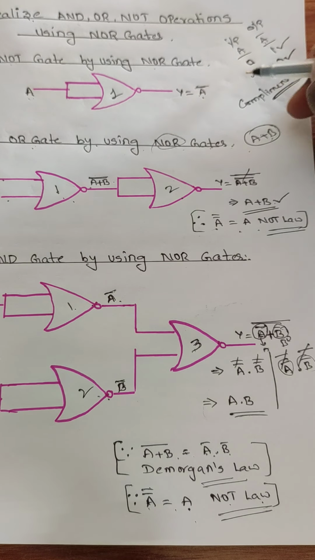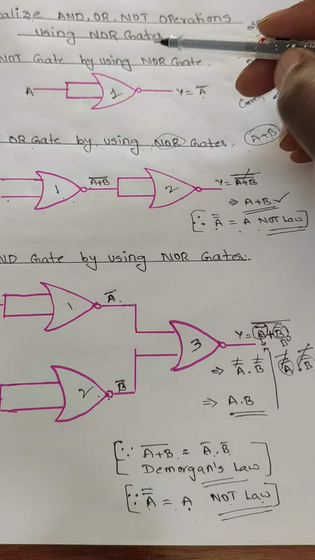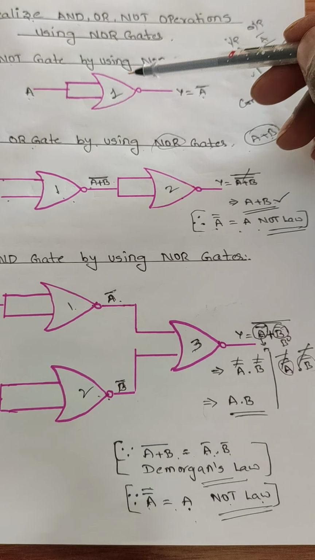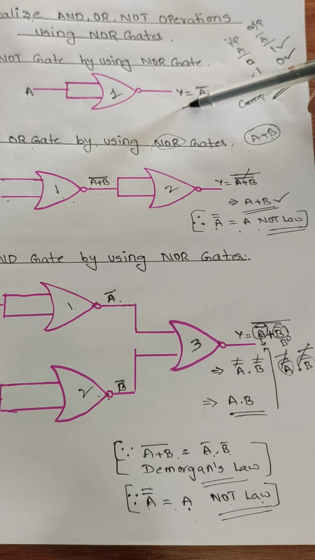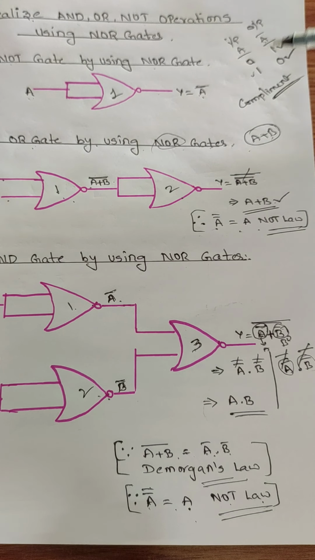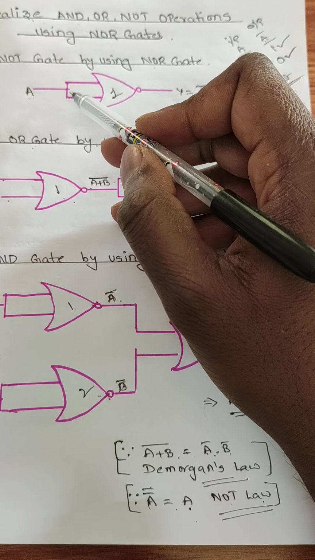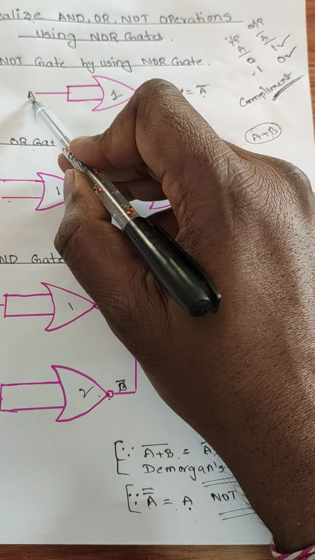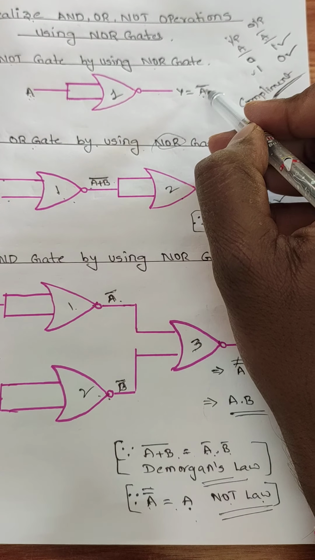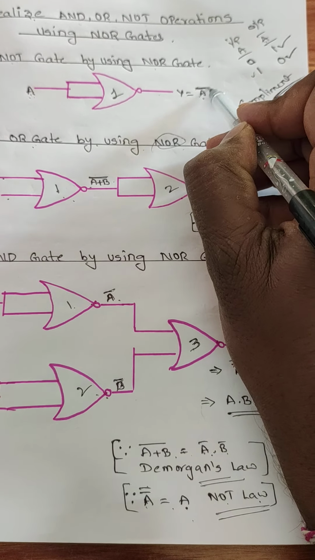So the same operation you have to get using NOR gate. Here also you have to get the same output. Nothing but the complement of the input is nothing but NOT gate. So as we just discussed the easy way of writing the output, write down this A as it is here and keep one bar.